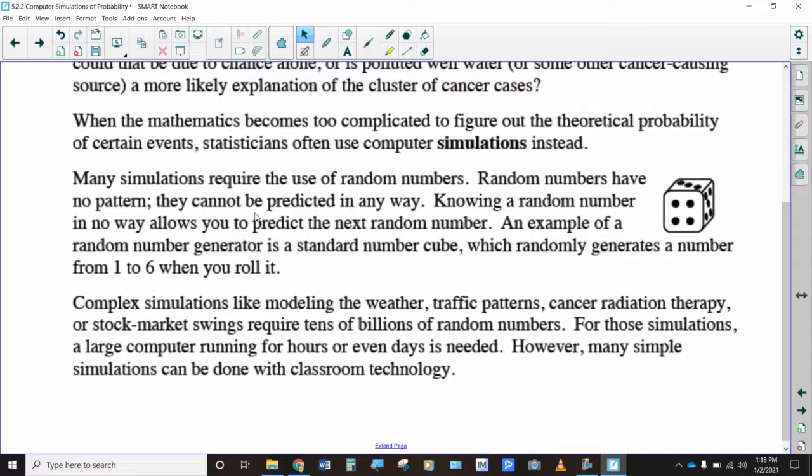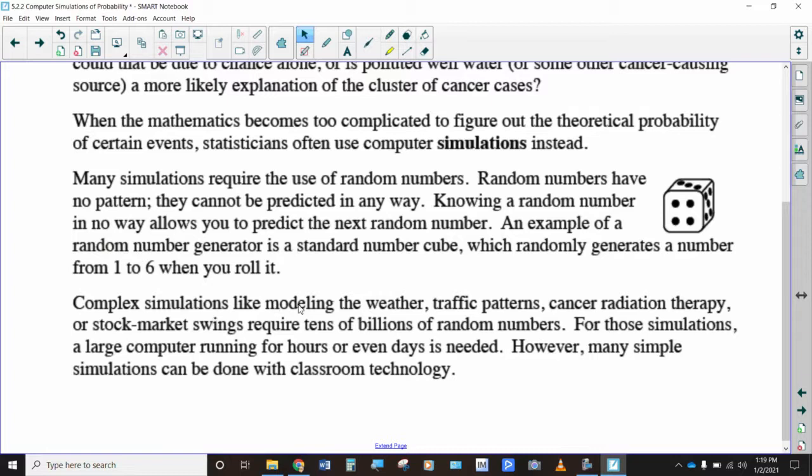Random numbers have no pattern. They cannot be predicted in any sort of way. Knowing a random number in no way allows you to predict what the next random number is going to be. An example of a random number generator is a standard number cube, which randomly generates a number from 1 to 6 whenever you roll the dice.